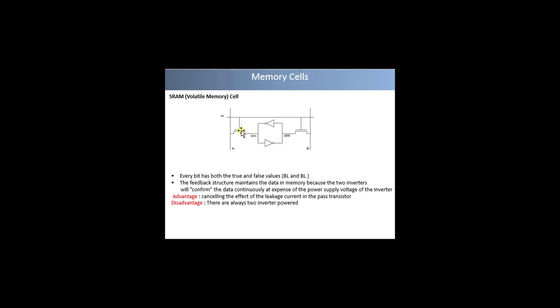So in this type of memory implementation, every bit has both the actual and complementary value. The feedback structure maintains the data in memory because the two inverters reinforce the data continuously at the expense of the power supply voltage of the inverters.